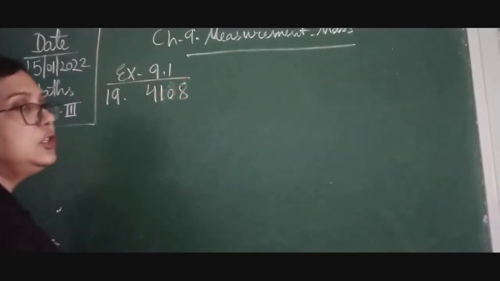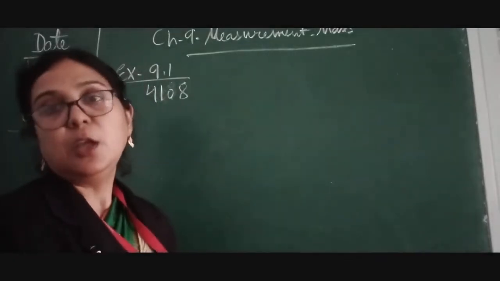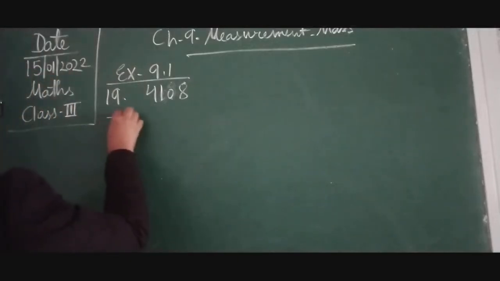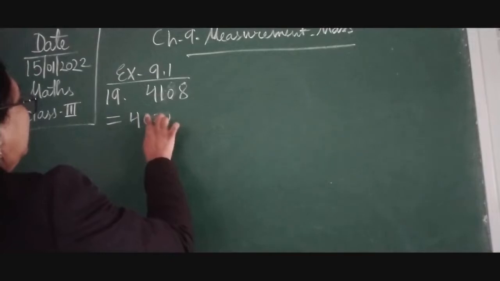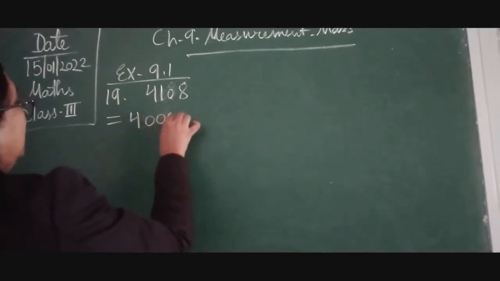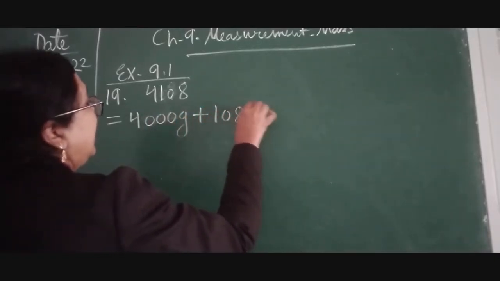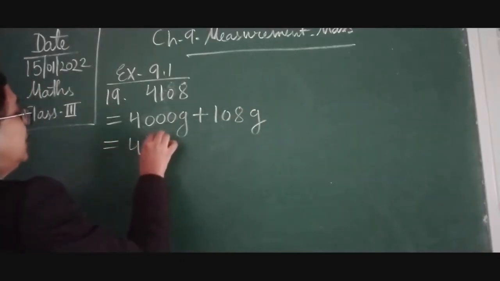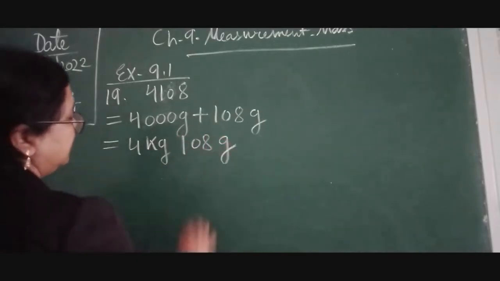4,108. So children, here we are going to convert into kilograms and grams. 4,108. So now children, we will do 4,000. Okay, so 4,000 grams plus 108 grams equal to 4 kg and 108 grams.